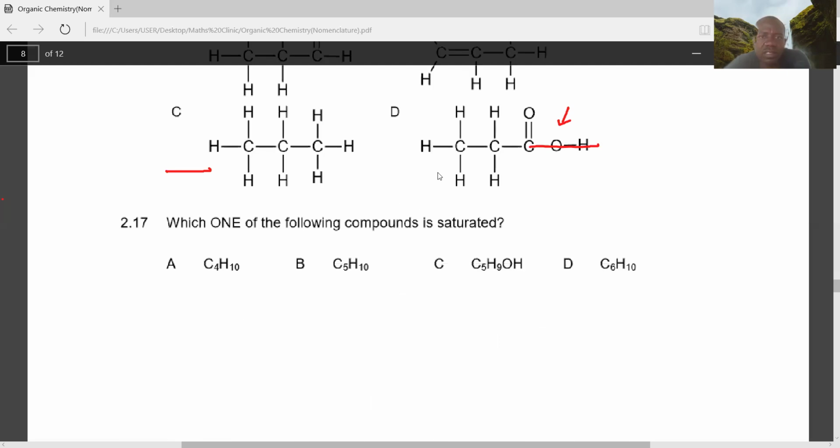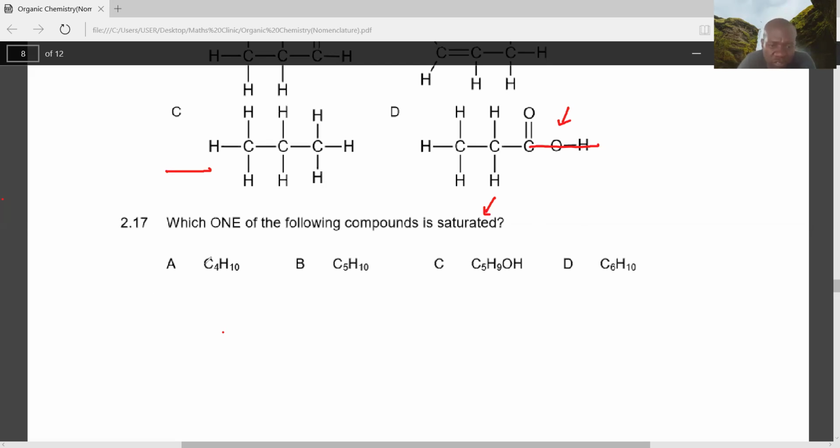2.17. It says, which one of the following compounds is saturated? Not necessarily a saturated hydrocarbon, but a saturated compound. We're not talking about the hydrocarbon. We want the one which is saturated. Remember, there's a difference between a saturated compound and a saturated hydrocarbon.